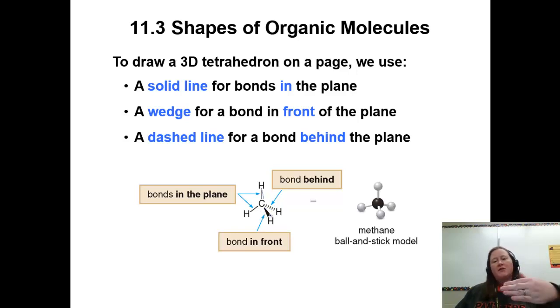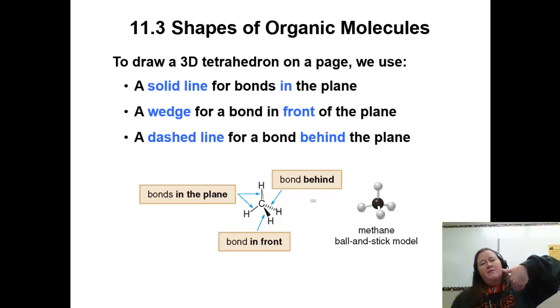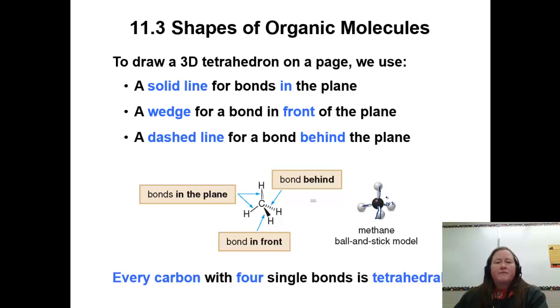And if there's an indication that the bond is going towards the back, away from you, you see this little dash, dash, dash, dash, dash. That means the bond is sticking behind. So if you try to imagine this in three dimensions, these would be in the same plane as each other. This one is sticking out at us, and this is going back into space. So this is one way that molecules can be represented in three dimensions on a page.